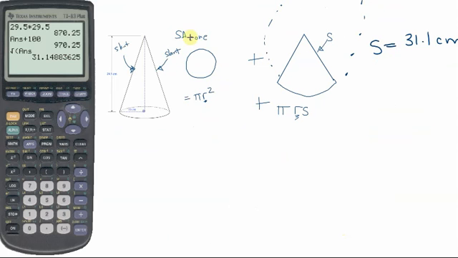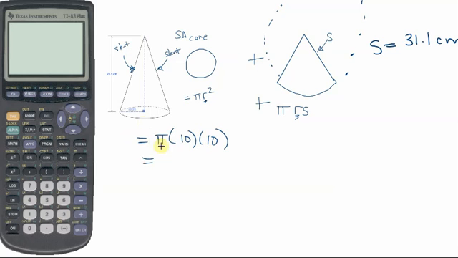We're trying to figure out the area totally of this cone. Let's start with the area of the circle. So pi r squared. It's going to be pi, the radius is 10, so pi times 10 times 10. And because these dimensions are in centimeters, we have centimeters multiplying each other, giving us centimeters squared.